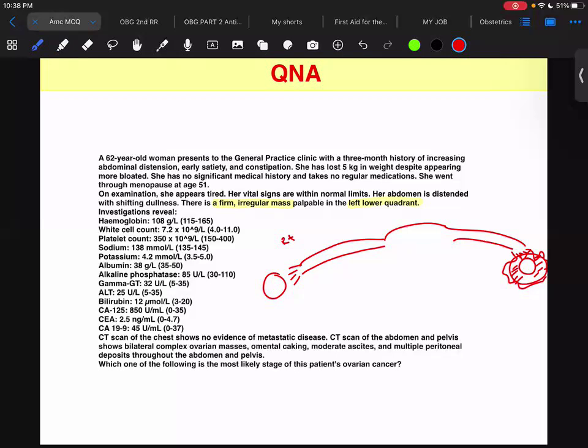We went for some investigations, where the patient has CA125 elevated, really high. CEA is 2.5, which is normal. CA19-9 is 45, again elevated.